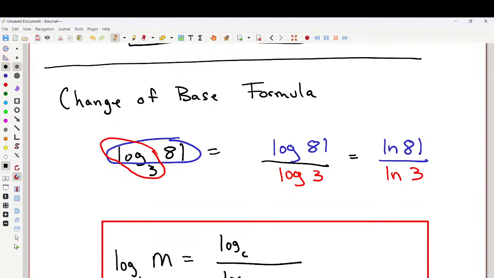It's probably going to be either 10 or e, but I'm just using the letter c. If for some strange reason you wanted to change to base 2, and if you like binary, you might do that, but most of us won't have a reason to. But formally, you can change to any base you want.